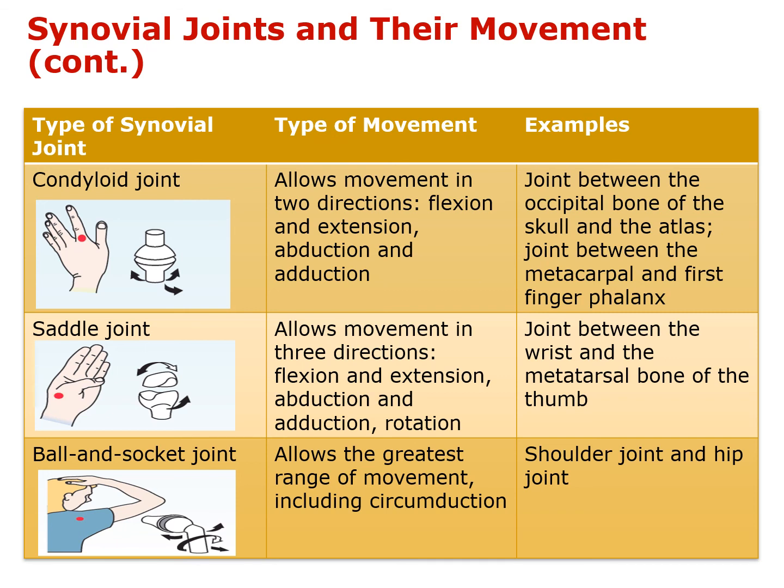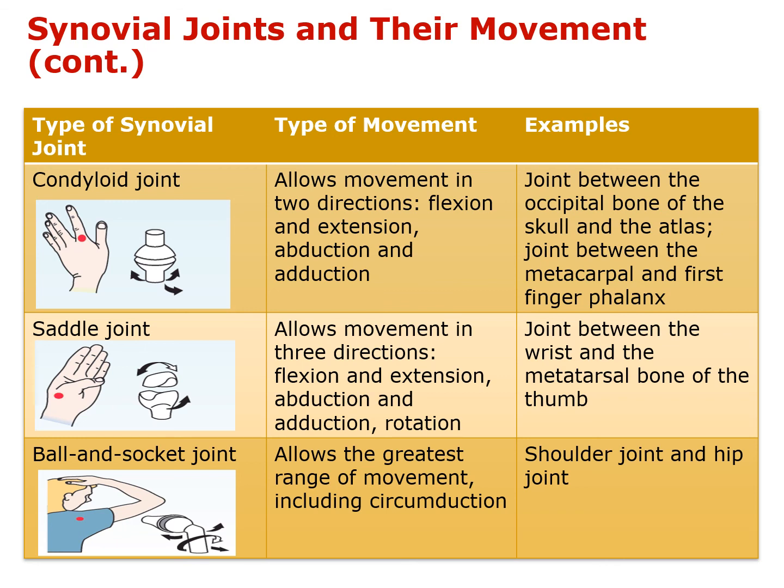So we can go side to side and forward and back. Your saddle joint allows movement in three directions: flexion, extension, adduction, abduction, and rotation. So we can not only bend it this way, we can go sideways, or we can go in a circle.